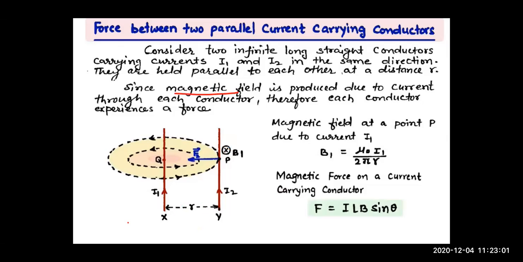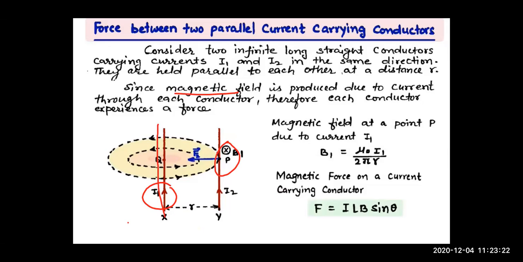Now we are going to consider this point, that is point P. So at this point P, the magnetic field we are going to calculate due to the wire I1. So children, as we know that in the wire X, the current I1 is flowing.